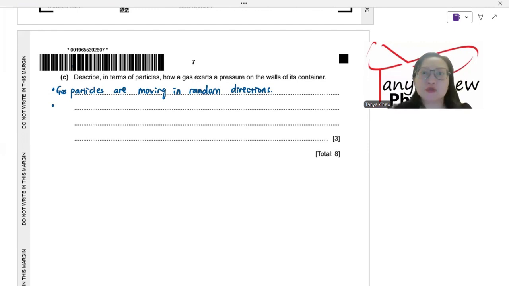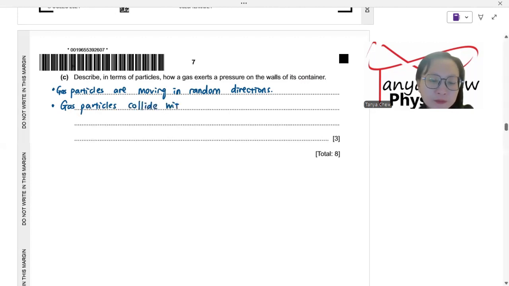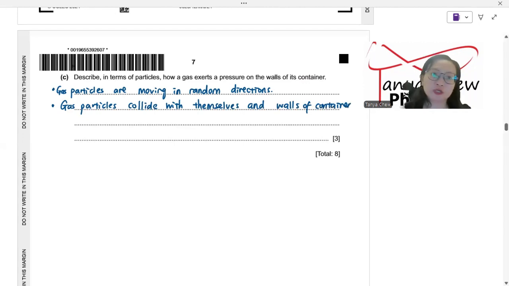So due to the random direction, the gas particles collide with themselves and walls of container all the time. So due to the collision, what happened? I would say collisions are elastic.